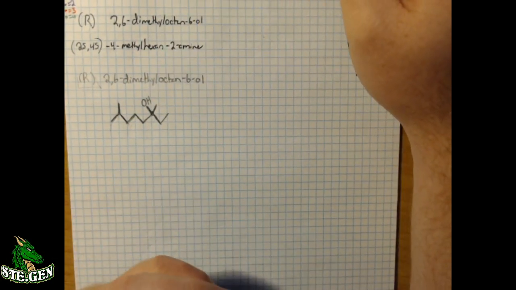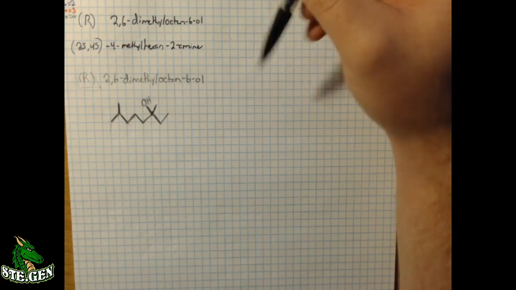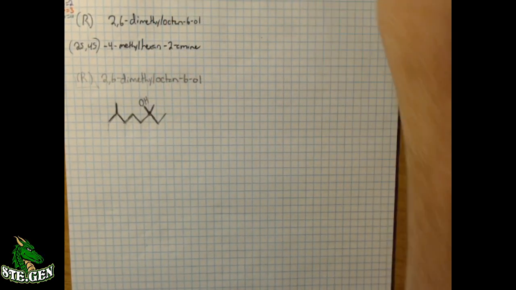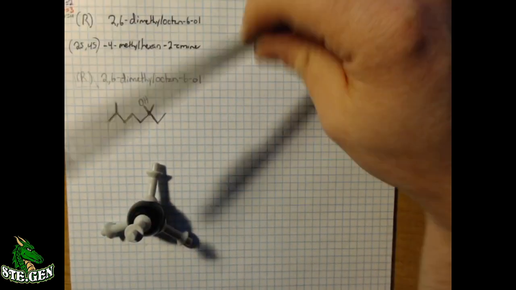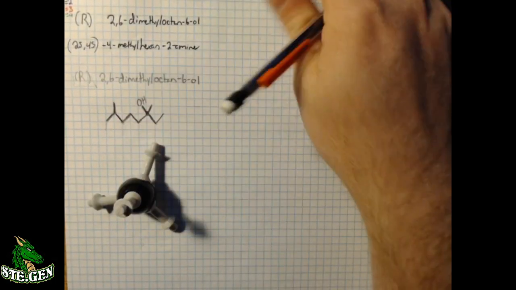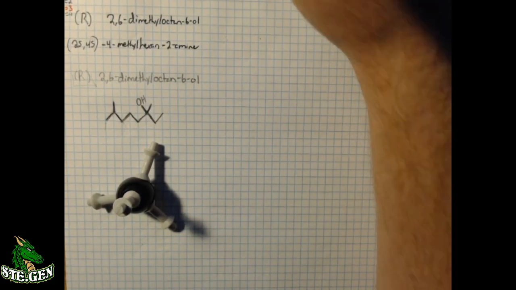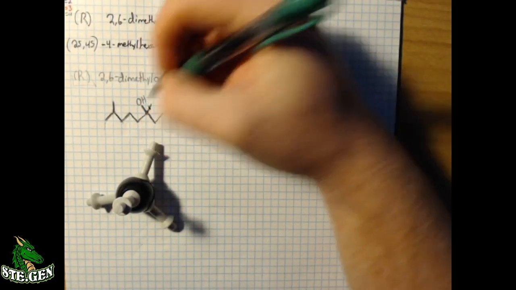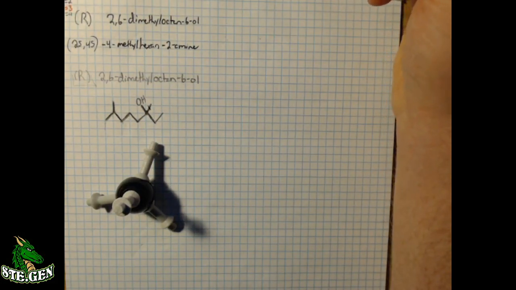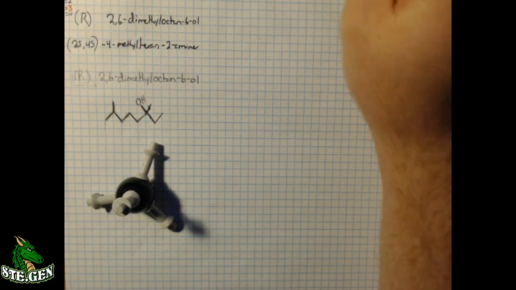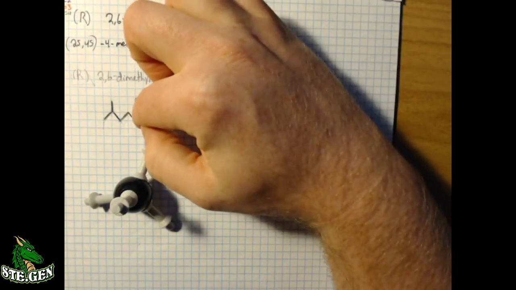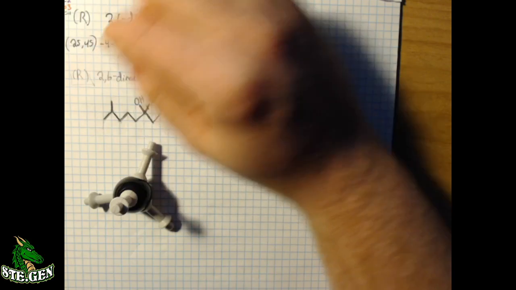So now what we need to do is identify which of these is going to be our priorities. So let's go ahead and get this set up. I've got my empty molecule here. Lowest priority, well, there's no hydrogen this time, so it's going to have to just be this single carbon chain. The single carbon chain is going to be the lowest. Then I've got, okay, this is a 2 carbon chain. This is a long carbon chain.